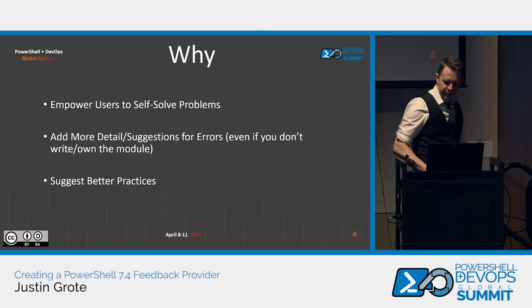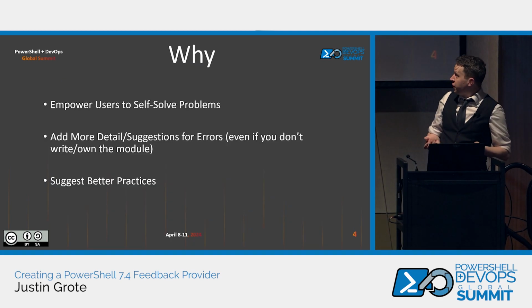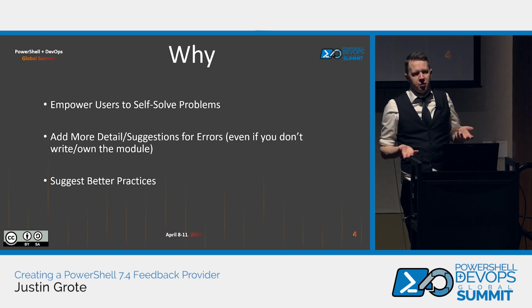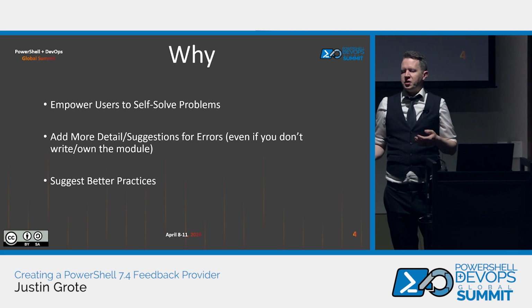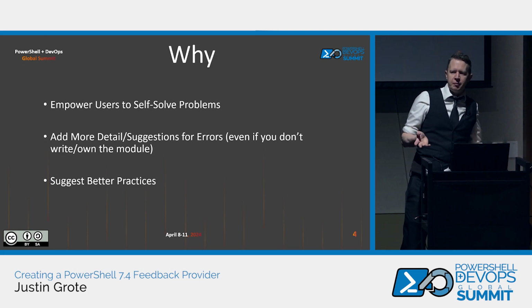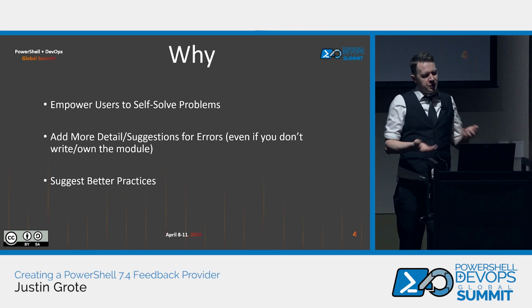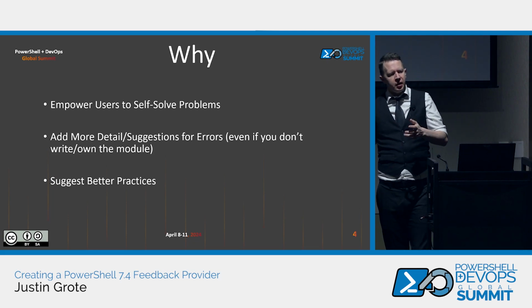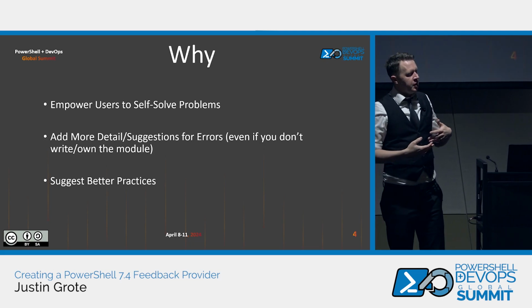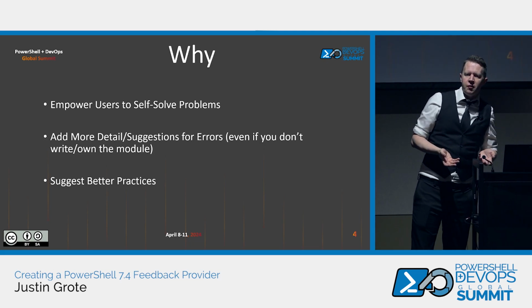So as far as feedback providers go, I always like to start with the why. What is the point of taking the time to learn how to make feedback providers and either integrating them into modules or providing modules that provide them? What feedback providers do is they allow you to provide a little bit of extra information for any kind of command, whether it's successful or failure, and help empower users to self-solve their own problems.